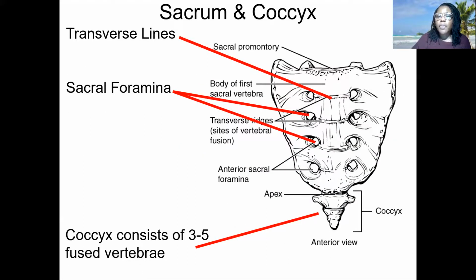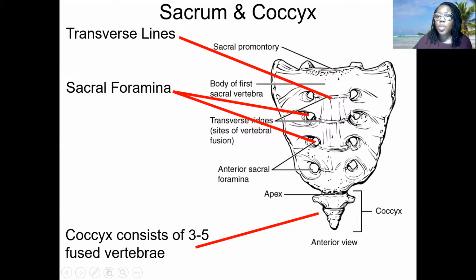Other features, so if we flip the sacrum around and look at it from an anterior view, what we were looking at on the previous slide was a posterior view. And if we look at an anterior view, we can see some of the other unique features to the sacrum. One is the transverse line. So these are lines of demarcation which just show where these were once individual vertebrae.